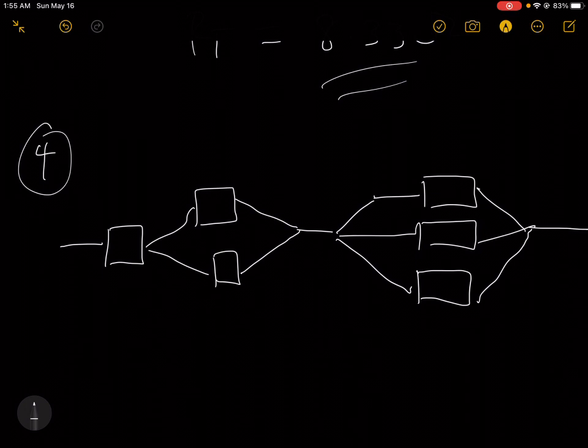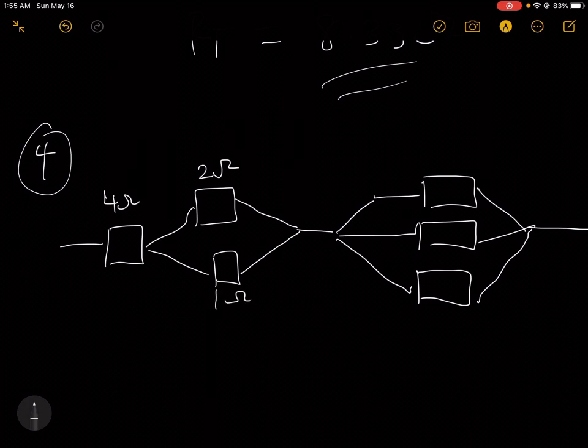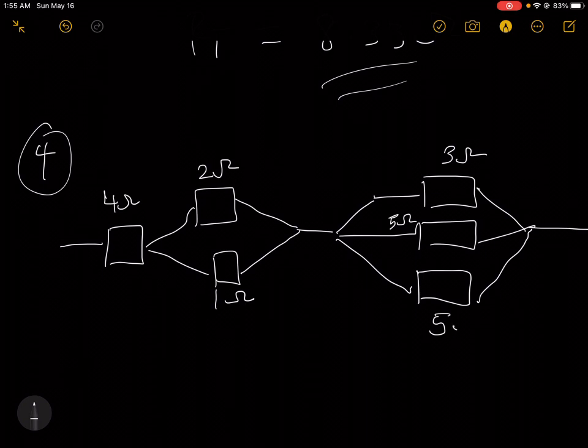So this is 4, this is 2, this is 1. So you can see that we can have complex circuits, extremely complex, but with the basic knowledge, you can solve them.